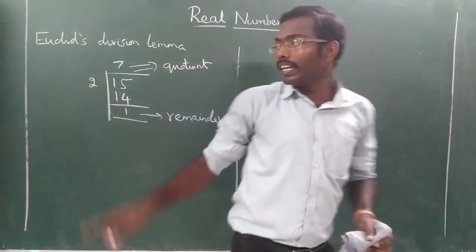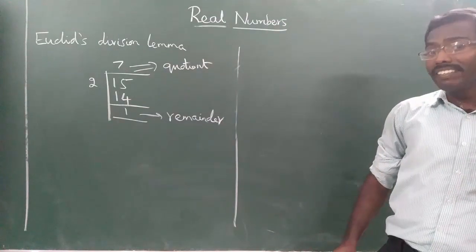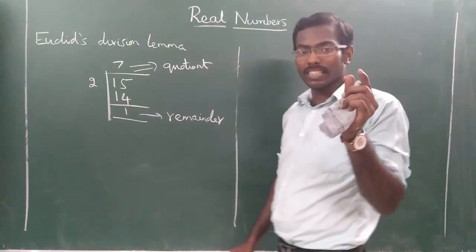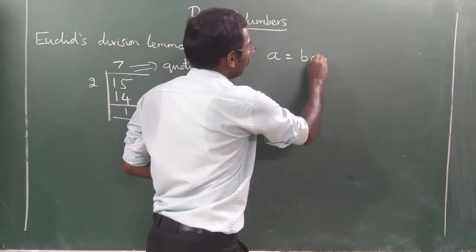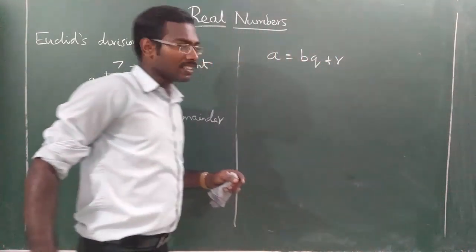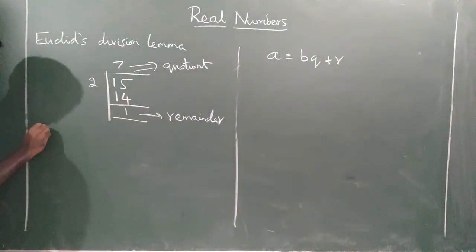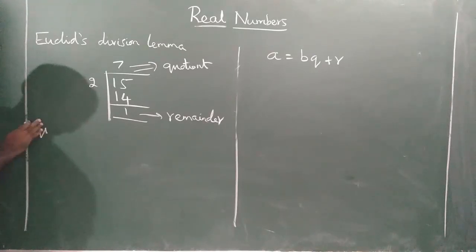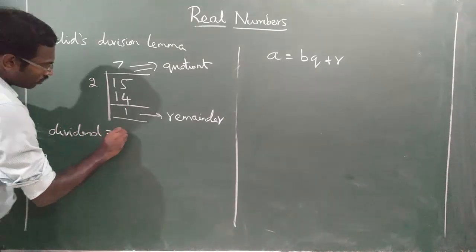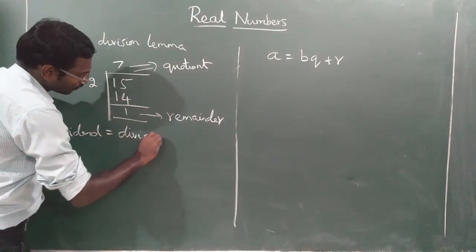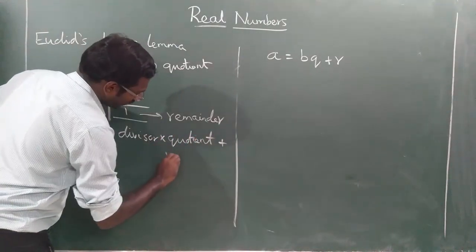Based on this only, Euclid's division lemma is given. Euclid's division lemma simply can be expressed as a formula like this: a is equal to bq plus r. How? In a normal division, you can write dividend is equal to divisor into quotient plus remainder.